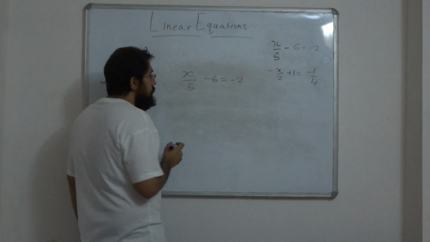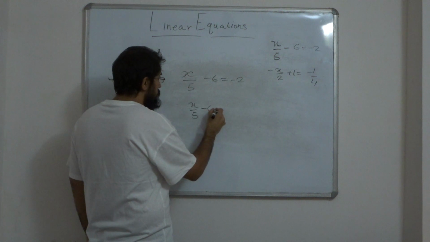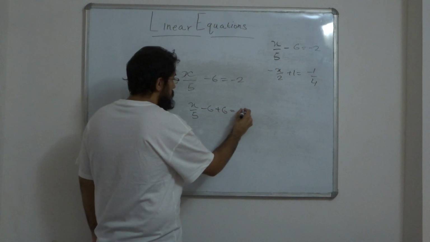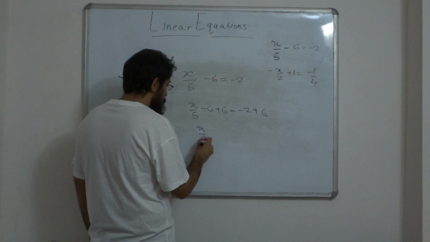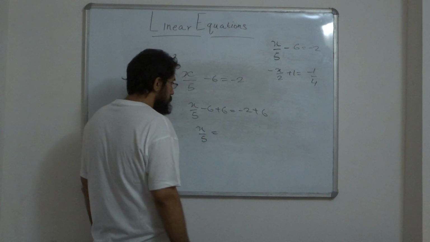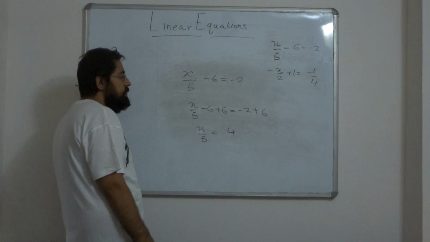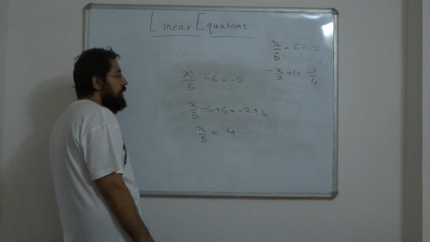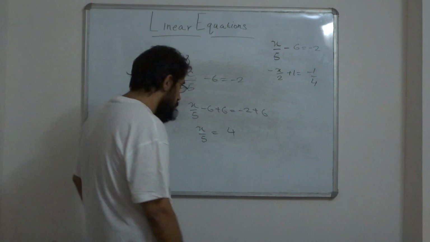Okay. Alright, so let's do it together. Negative 2 plus 6 is 4 because you have more positives and less negatives.